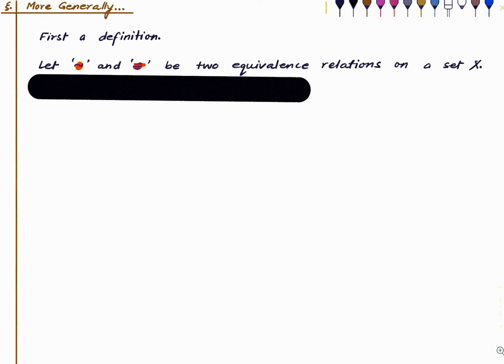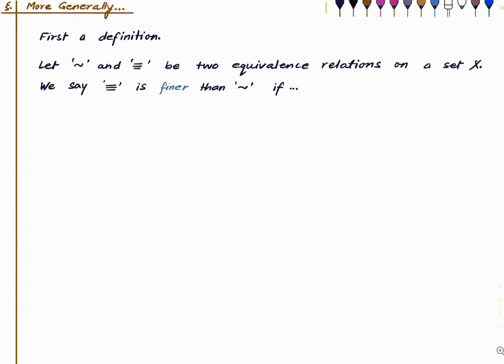So tilde and congruent are two equivalence relations on the same set X. Then we say that congruent is finer than tilde if each equivalence class under congruent is contained in some equivalence class under tilde.